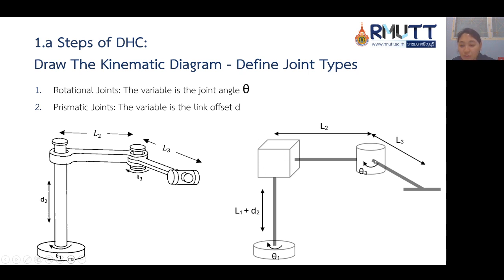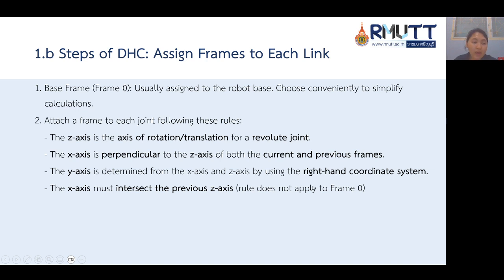And for the third joint, joint 3, this is also a rotational joint. And then step 1B is to assign frames to each link. Base frame or frame 0 is usually assigned to the robot base. Choose it conveniently to simplify calculation.